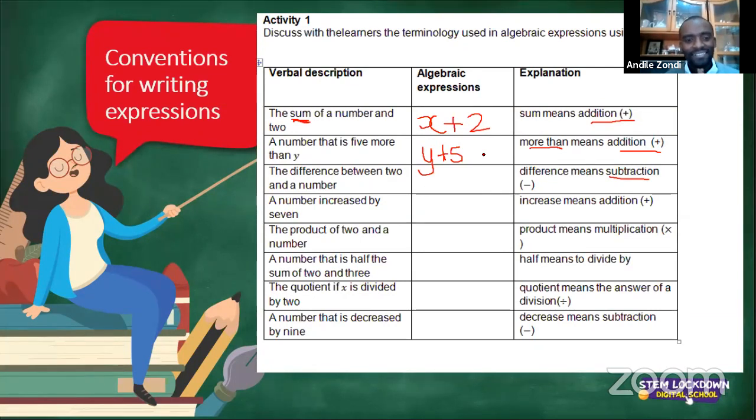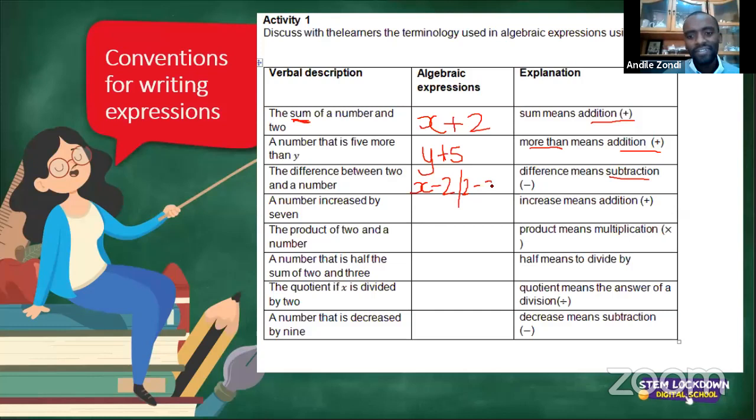Some are saying 2 minus y. Obviously, you can use anything as a variable. You can use n, you can use a, you can use b. But both of those answers are correct. So the answer could be x minus 2, or could be 2 minus x.